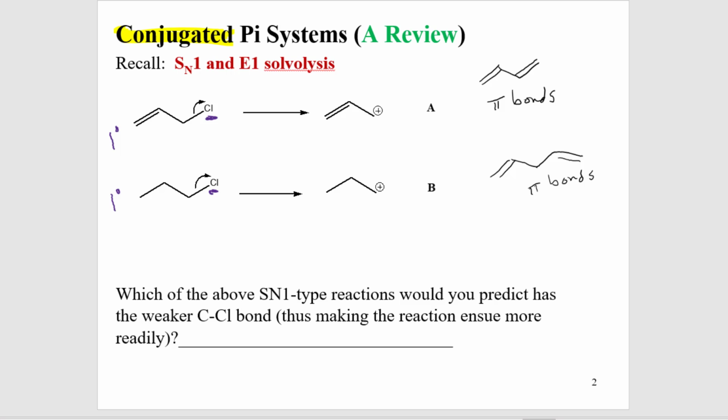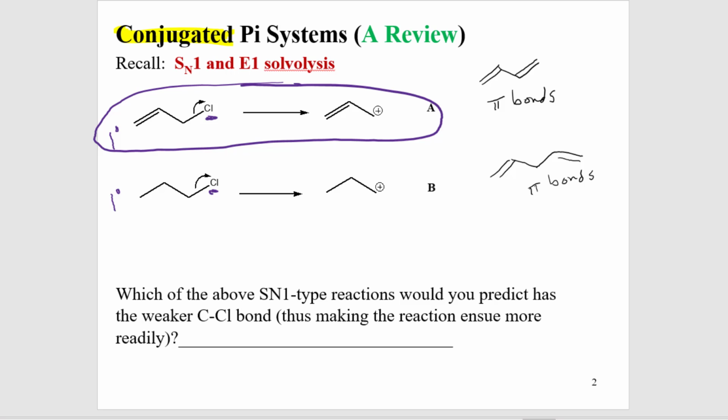Well, if you guessed A, you'd be correct. The reason is that when primary leaving groups leave, you end with a primary carbocation. However, in A, it's primary, but it has resonance stability. So this carbocation is said to be conjugated with the pi system. Resonance can occur.